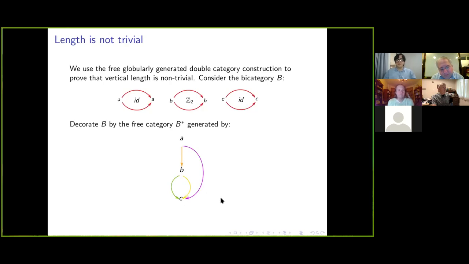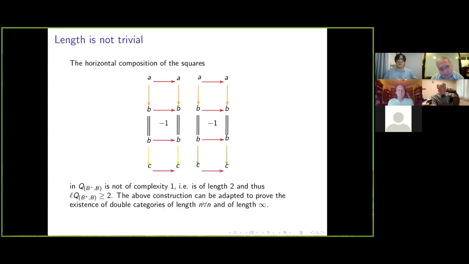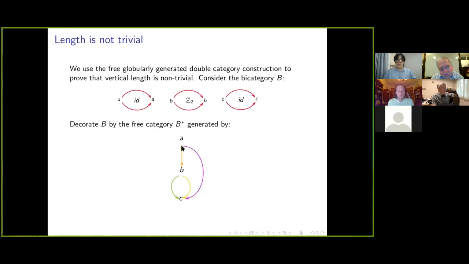And with this, you can form a complexity 2 square like this. This might be a bit weird, but you just take the horizontal identity of this thing, the horizontal identity of this thing, and the horizontal identity of this thing, and you have this non-trivial square, and you compose these 2 things vertically. This is horizontally compatible because the source is this thing here, the red arrow.